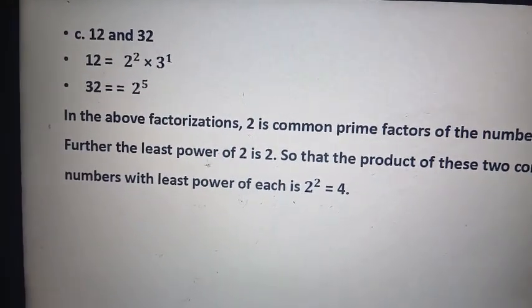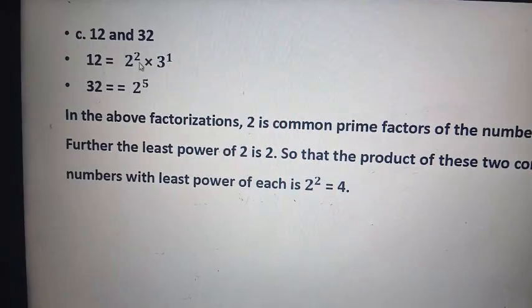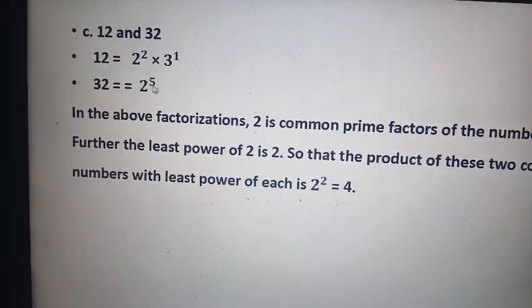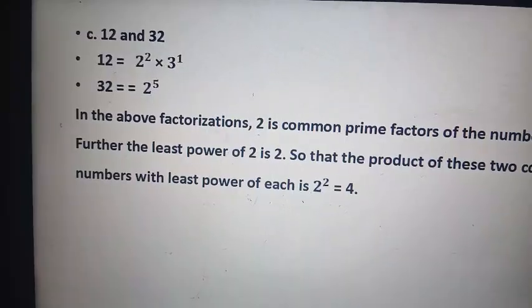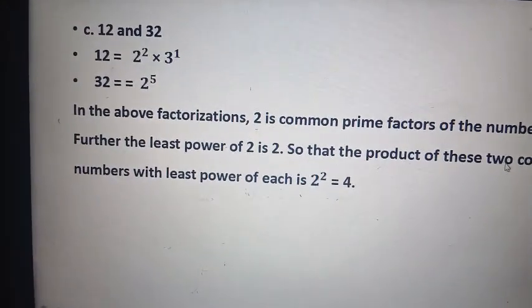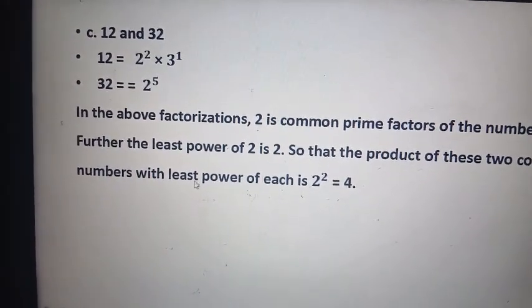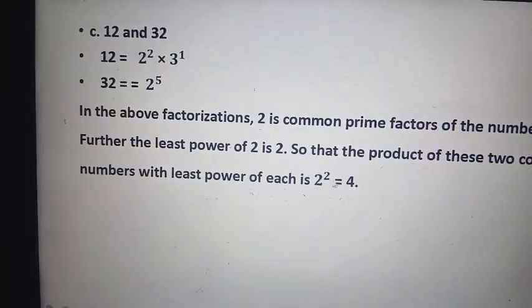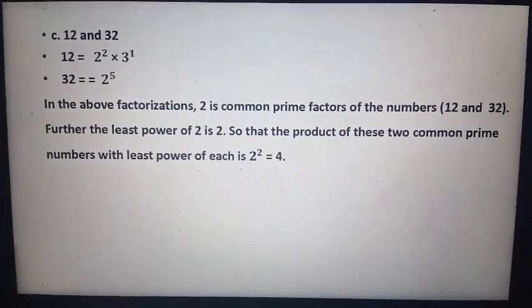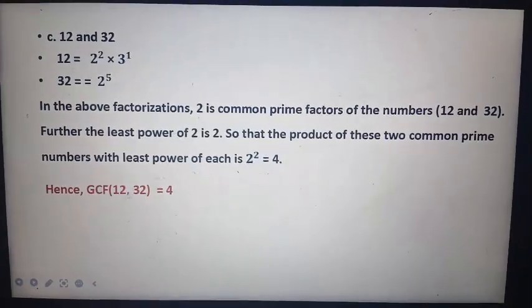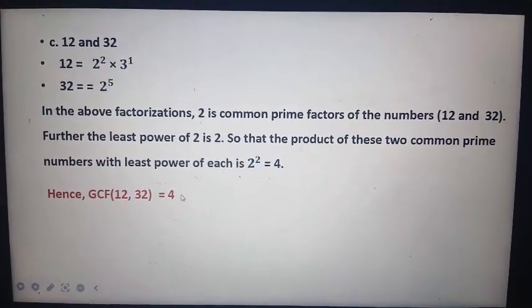Further, the least power of 2 is 2 squared. So the product of the common prime numbers with the least power of each is 4. The GCF is 4.